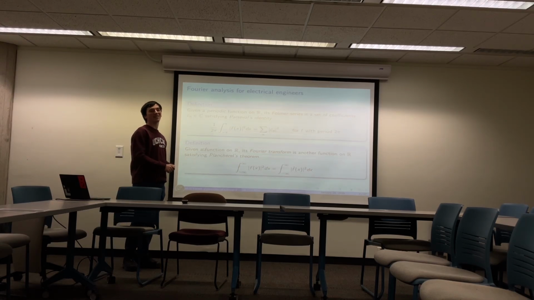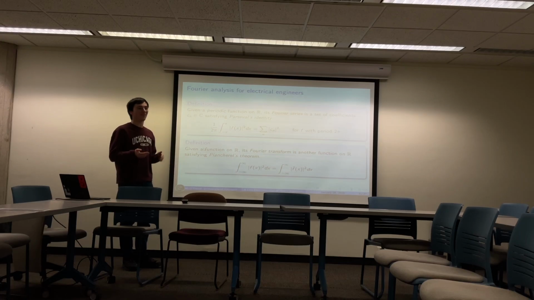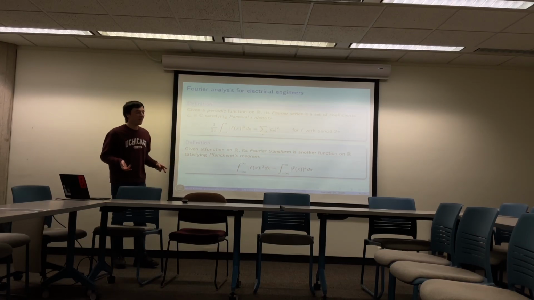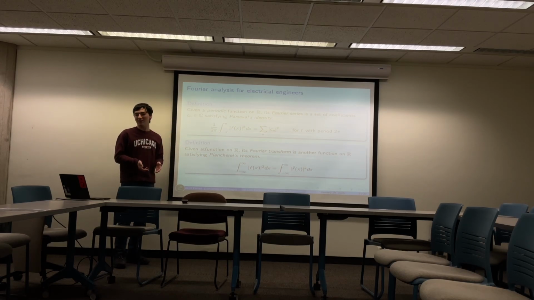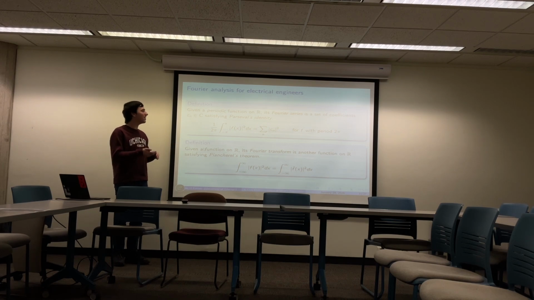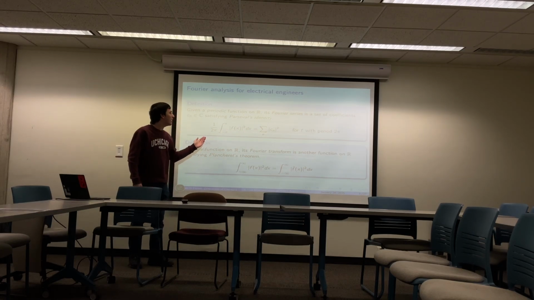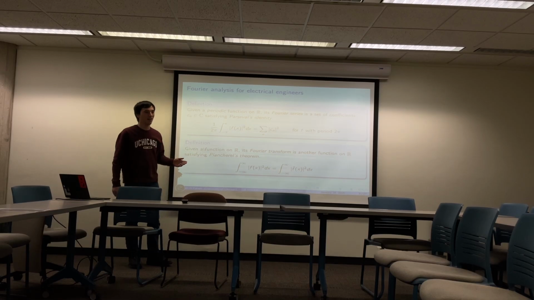I don't know if this has ever irked you guys about Fourier analysis as it's taught, but it's really two different things, right? First we have the Fourier series, where if we're given some periodic function on R, its Fourier series is going to be just a discrete set of coefficients, right? And it satisfies this kind of squaring identity with the original function.